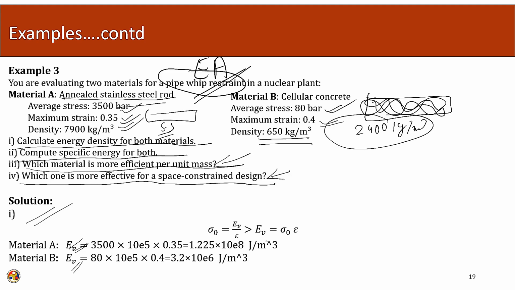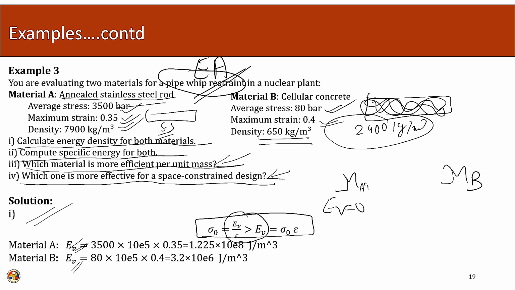First of all, we will look into the stress. We will calculate using this expression. EV for material A, and this is material B. EV is given by the average stress sigma naught times the strain, and for material B again EV is given by average stress and the strain.